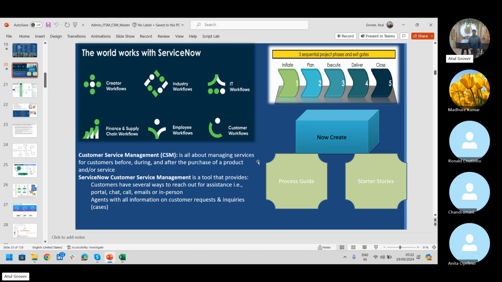So now you can say it is a tool, a platform, a domain, an area by which a customer can log a case, a complaint via portal, email, chat, or in person, and agents work on that.